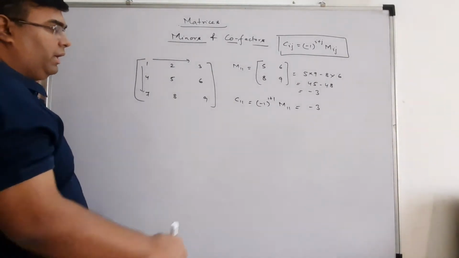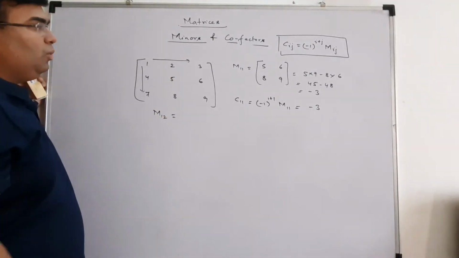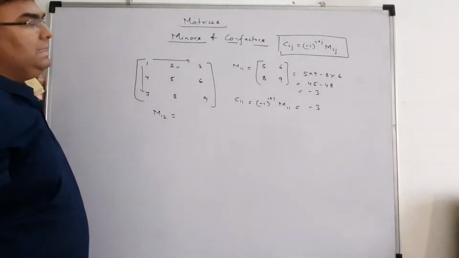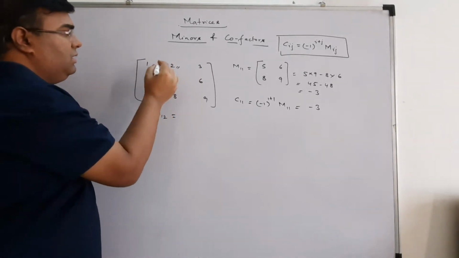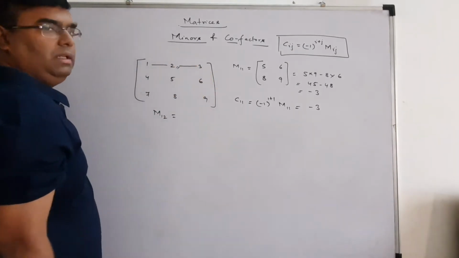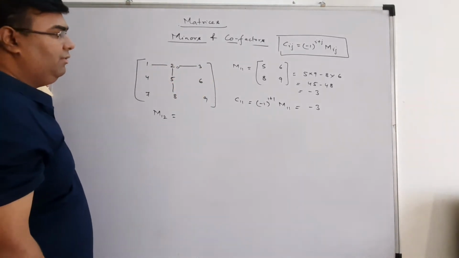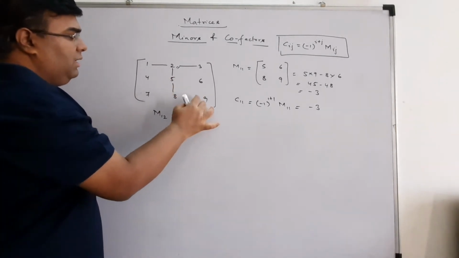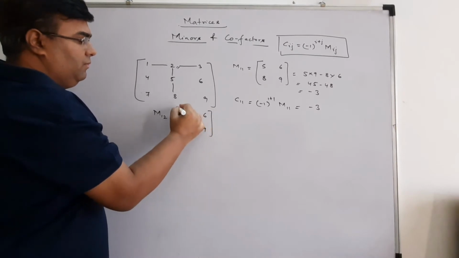Now, again, what is my M12? M12 means the minor of this element. So what I will do is just remove this row and this column. Okay, what will be left? 4, 6, 7, 9.